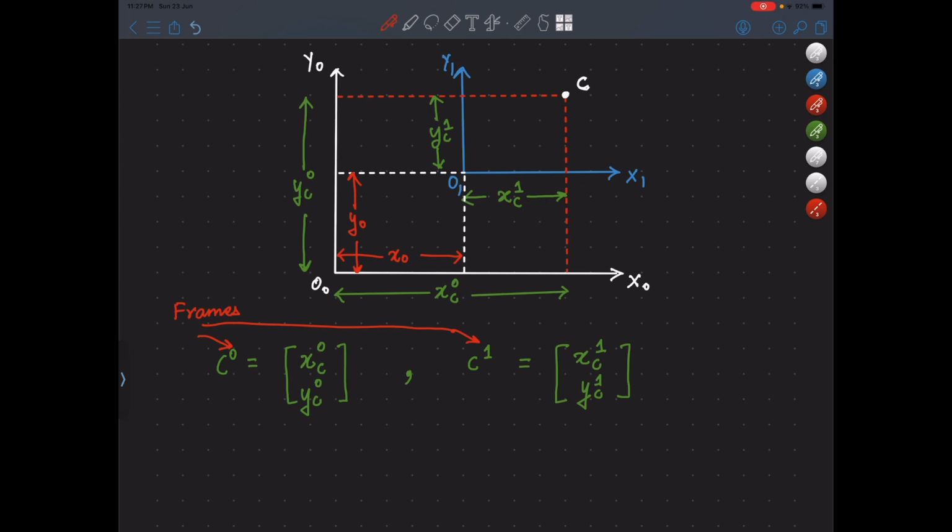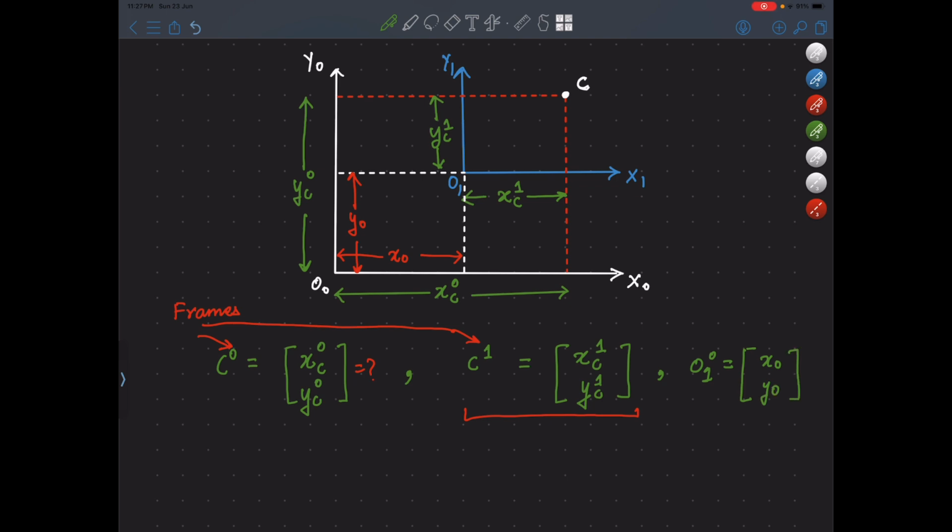Let's say you know C1 and you want to find C0. You don't know C0, and you know C1. You also know by how much the coordinate frame has translated. That is, you also know O1 with respect to O0. So what is O1 with respect to O0? It's x0 and y0.